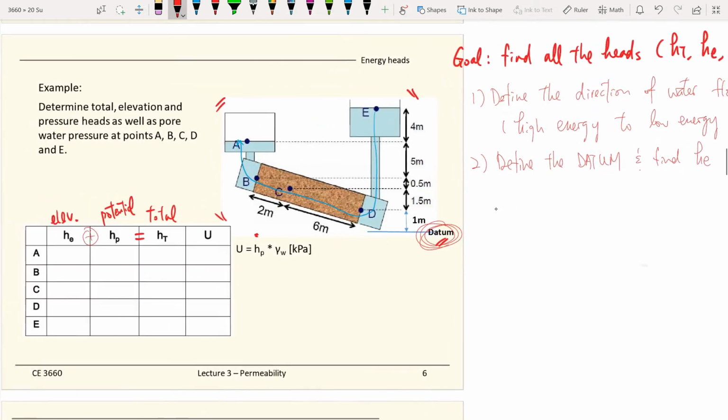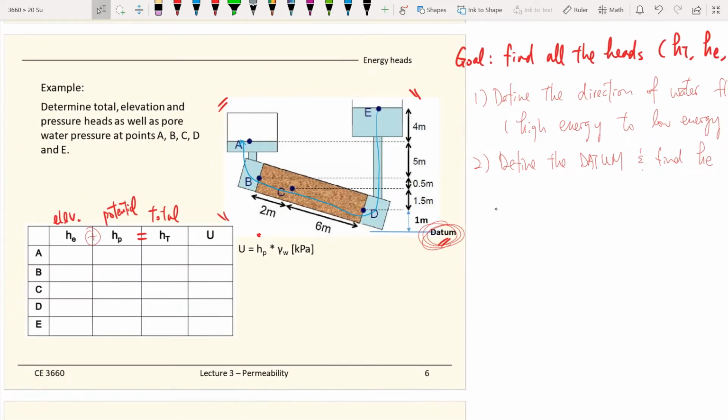So we define our datum, and now we have points A to E. This is the most straightforward and simplest step. The elevation head is always easy to find, because once you establish the datum, you just find how far each point is from the datum.